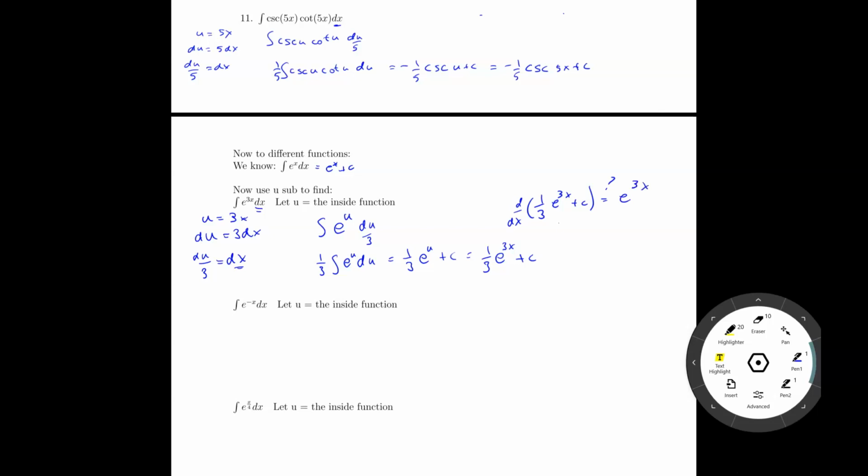So let's check it. So I carry the 1/3 along. I take the derivative of e to the 3x. It's e to the 3x times 3, and the derivative of c is 0. Oh, look at that. The 3 and the 1/3 cancel, so I do get e to the 3x. Okay, so let's remember chain rule, and this is integration, so this is antiderivative. Chain rule is for the derivative.